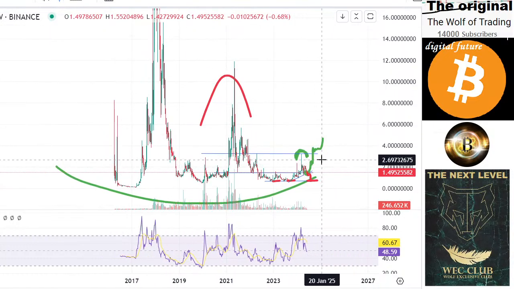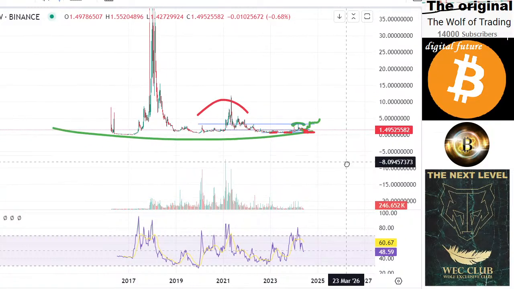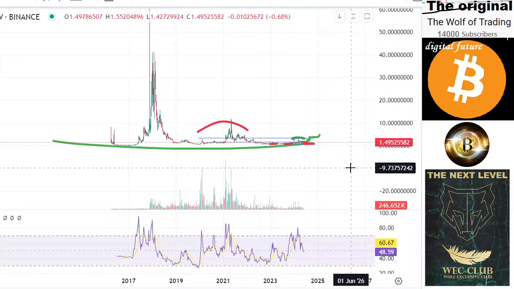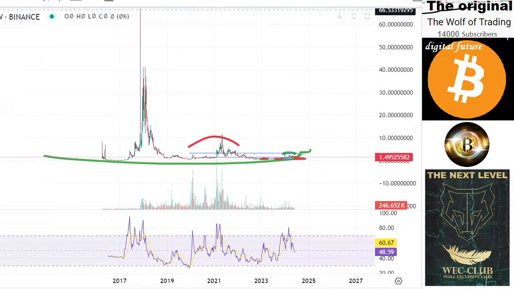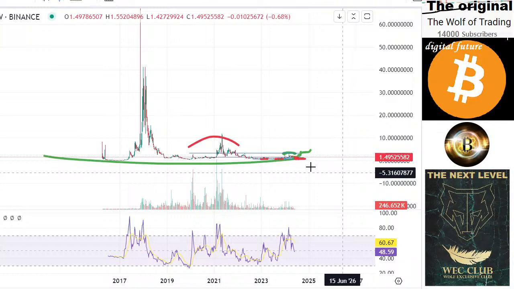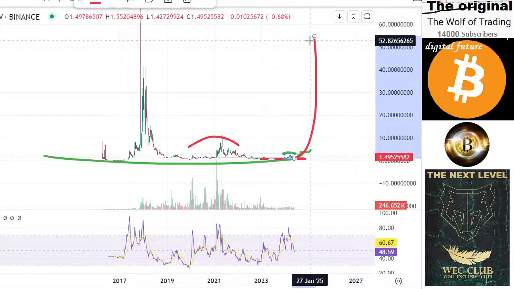This will be the real bull run, and the real bull run will take us, you can see, from $1 to $10. The real bull run will take us here to $50. And people don't understand this.